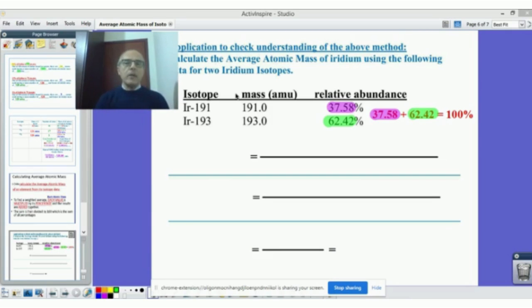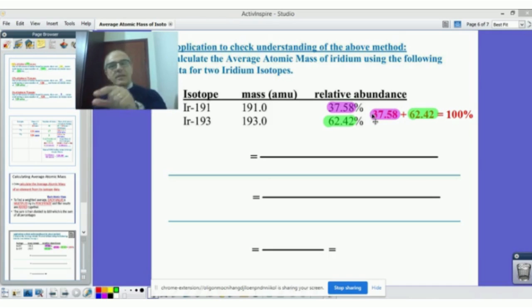The percentage of abundance of the first isotope is 37.58%, and the percentage of abundance of the second isotope is 62.42%. First, I need to make sure that the sum of the percentages is equal to 100. This will confirm that only these 2 isotopes are present in nature.